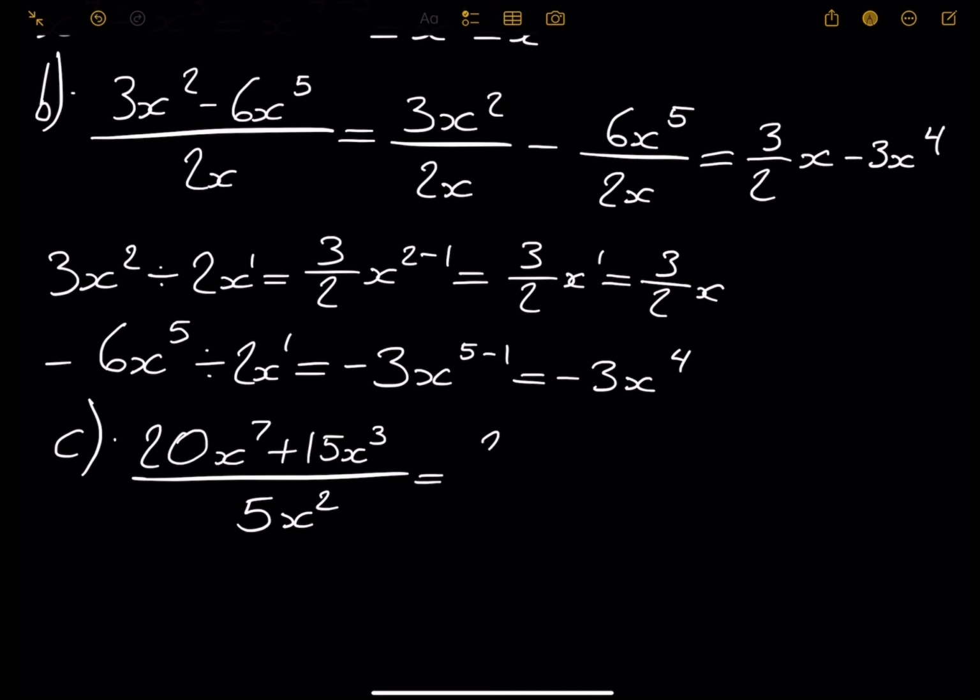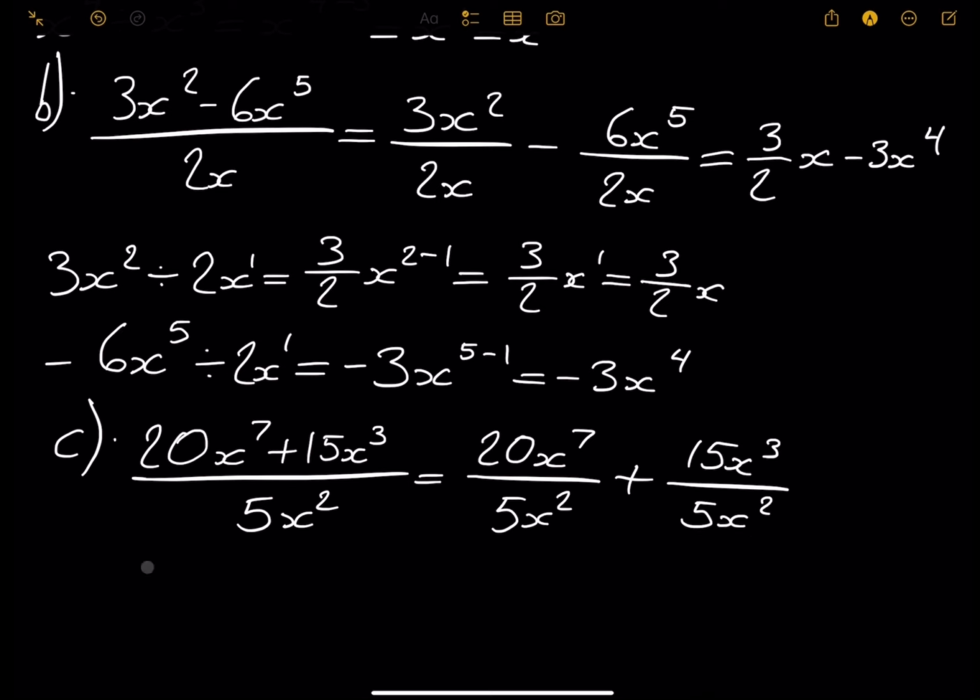We can write it as 20x raised to the power 7 over 5x squared plus 15x cubed over 5x squared, because everything in the numerator is divided by 5x squared. That's why we can break this up, and we can deal with this on a case-by-case basis.